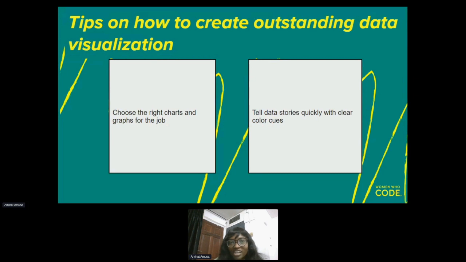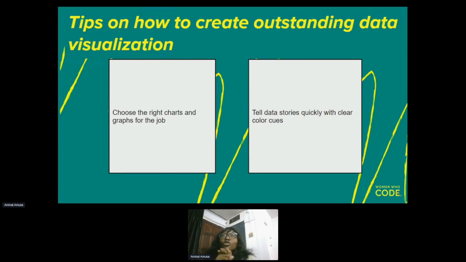And the second thing is color. When you are telling data stories, tell data stories with clear color cues. So for somebody that is trying to create data visualization, you have to keep in mind that if you're working for a company and you want to create visualizations for them, make sure that the number one rule is your color should be uniform.